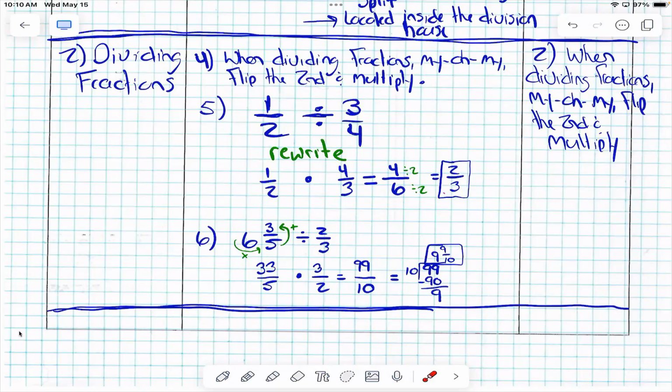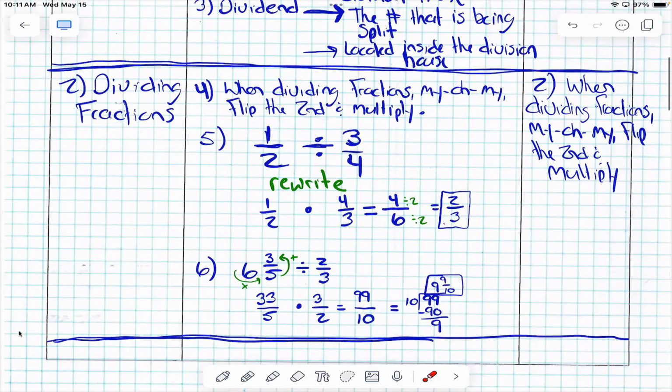Super. On the count of 3, we're going to say note number 4 together in unison. Ready? 1, 2, 3. When dividing fractions, line on line, flip the second and multiply. So this is kind of a little bit of a cheat. The fraction is 1/2 divided by 3/4. Anytime you're dividing fractions, we are simply going to flip the second one. So 3/4 flipped upside down would be what, you guys? 4/3.